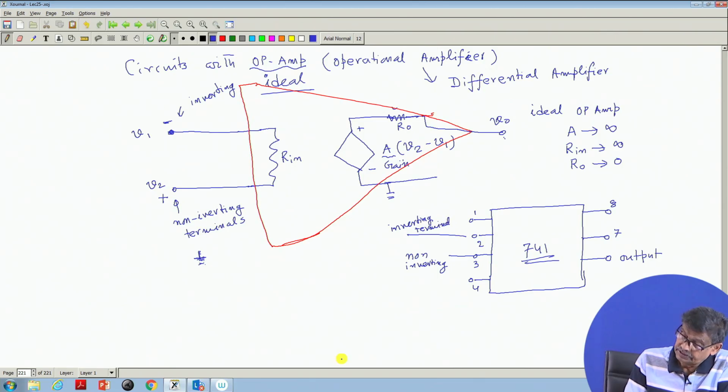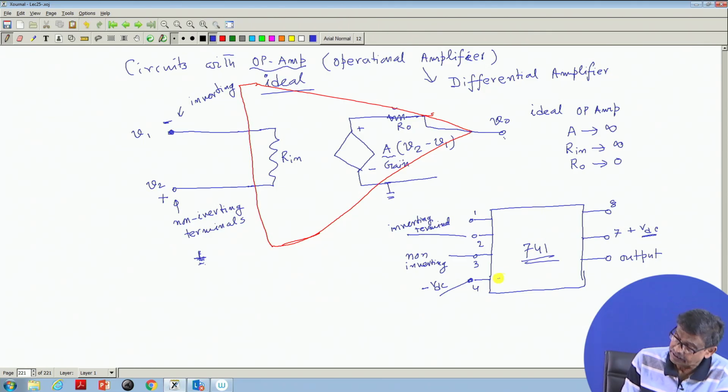Apart from this, there are 2 terminals for connecting supply: here you connect minus VDC, since some battery connection is necessary for this chip to work, and 7 is plus VDC. Okay. And to terminal 8 nothing is connected; 1 is for some other purposes, generally not connected.